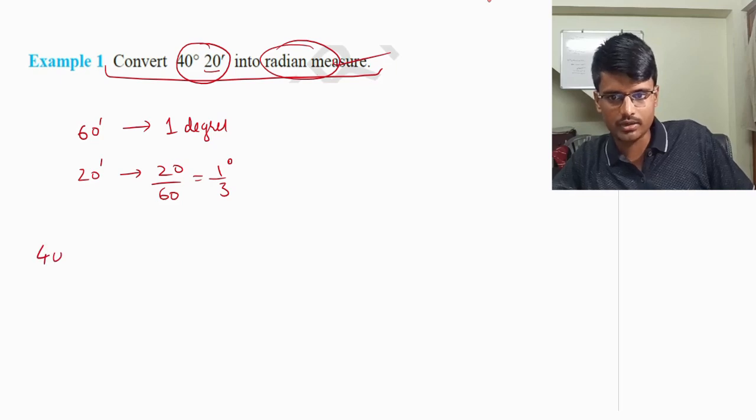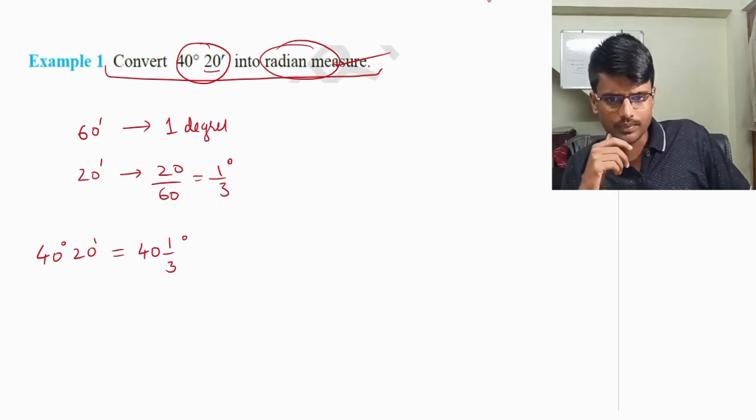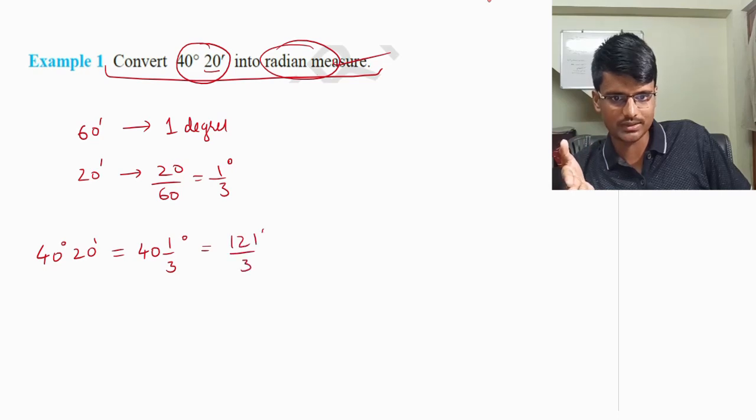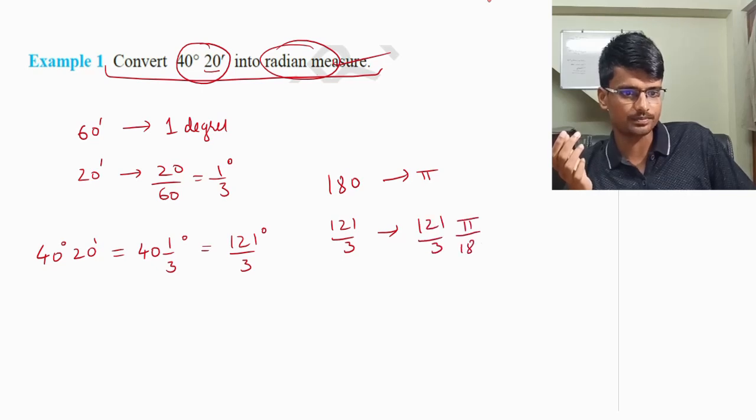So I can write 40 degrees 20 minutes in terms of degrees as 40 and 1 by 3 degrees, right? Okay, so this is a mixed fraction. I can write this as 121 by 3 degrees. Okay, and I know 180 is equal to pi radians, then 121 by 3 is equal to 121 by 3 into pi by 180.